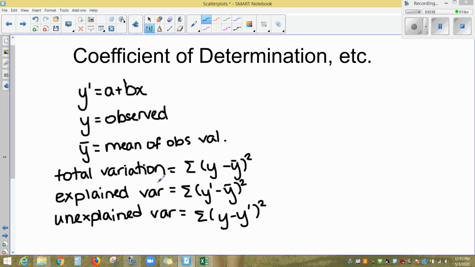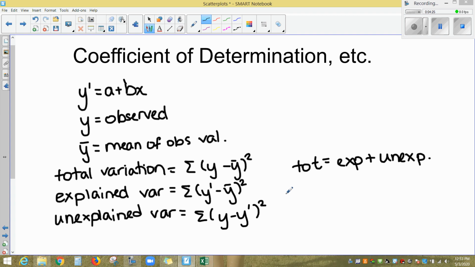The smaller this is, the closer to 1 or -1 r is. As r approaches 1 or -1, our explained variation gets very close to the total variation, which means our unexplained variation gets smaller.